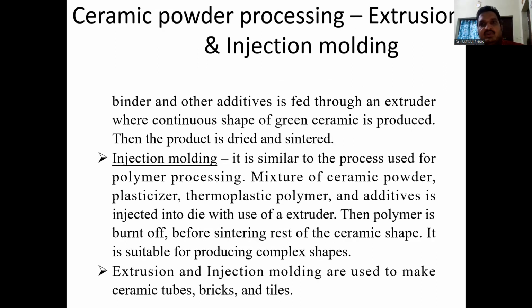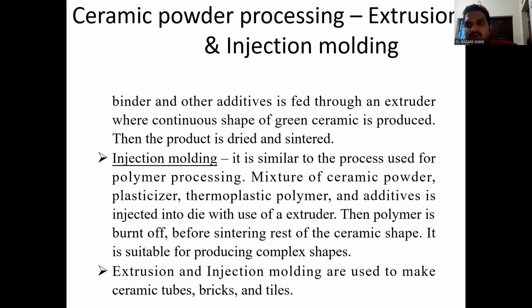And coming to the ceramic powder process related to extrusion and injection molding. Generally, extrusion has a binder and other additives, and a continuous shape of green ceramic is produced, then the final product is dried and sintered. And coming to injection molding, it is similar to the process used for polymer processing.